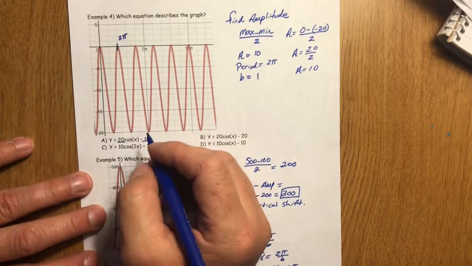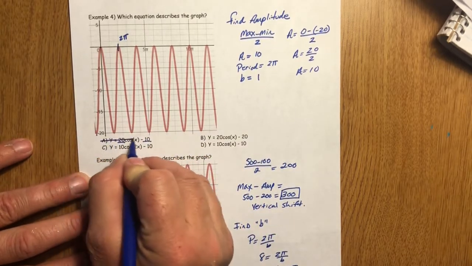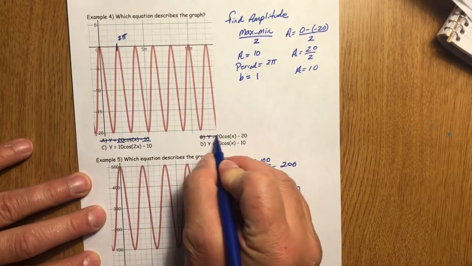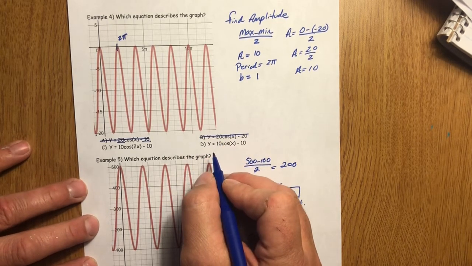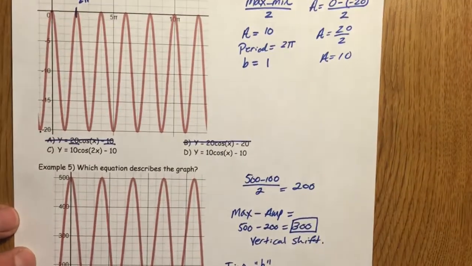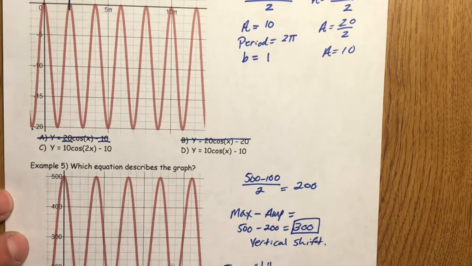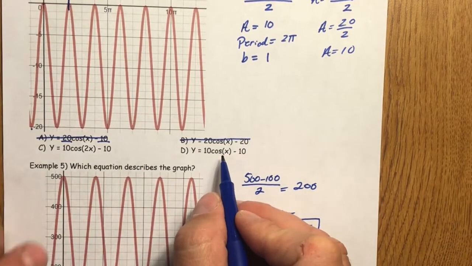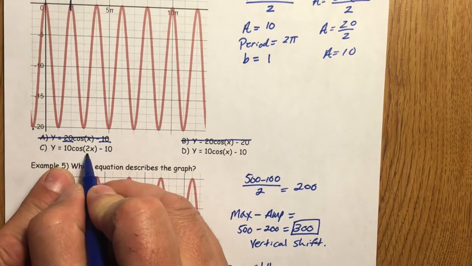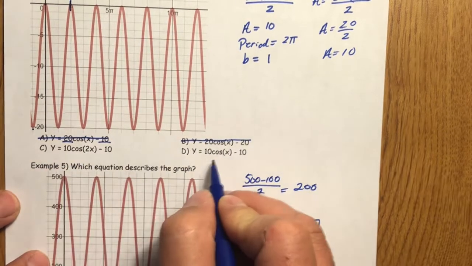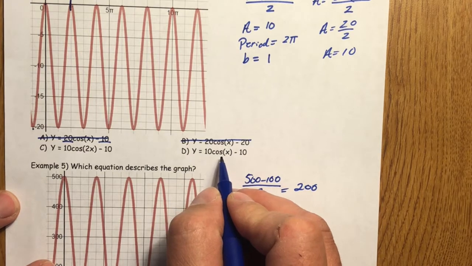Well, if the amplitude is 10, I can get rid of A and B because both of those have an amplitude of 20. Zoom in a little bit. Okay, so here we go. We've got these two, and the only difference is this has a 2x, and this has just an x.